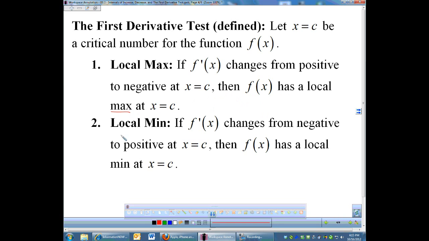The previous example I just did was a local min. If the derivative changes from negative to positive, that means slopes change from negative to positive, therefore we're looking at a local minimum. And that is what your first derivative test is. We'll do a few examples of that.